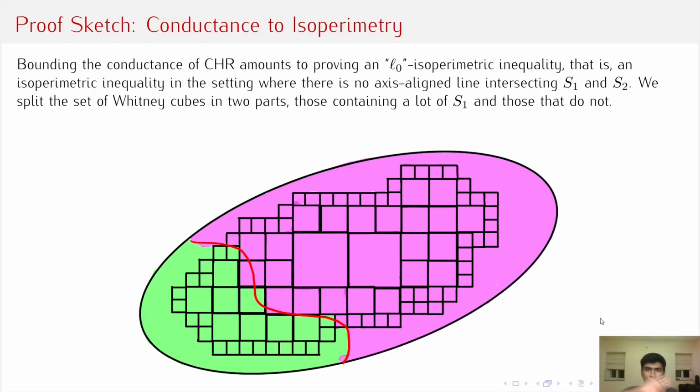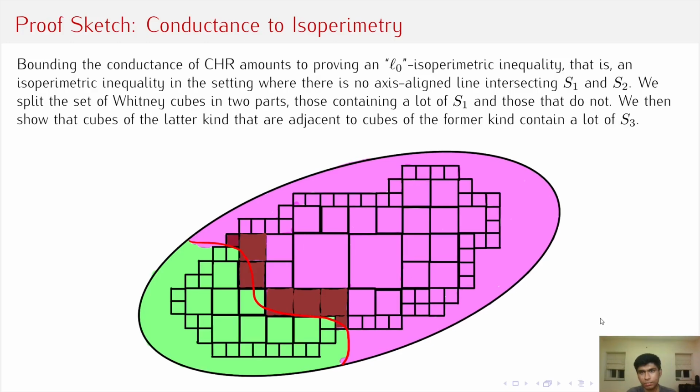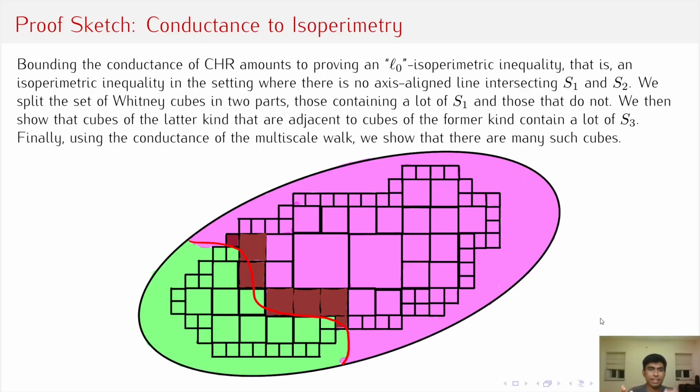And then I have all these bad pink cubes which do not contain much S1. After that, I show that if I have a bad cube that is adjacent to a good cube, then this bad cube must necessarily contain quite a lot of S3. And then I show that there are in fact many such bad cubes adjacent to good cubes, using the conductance of the multiscale walk itself.